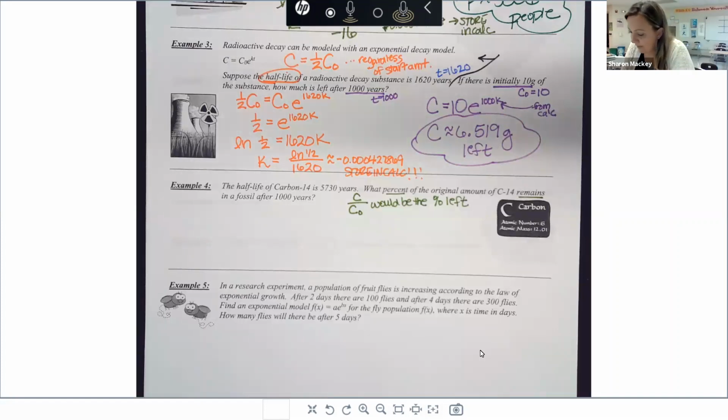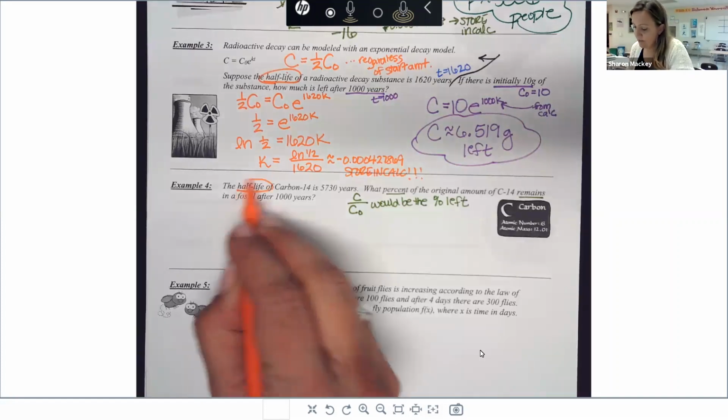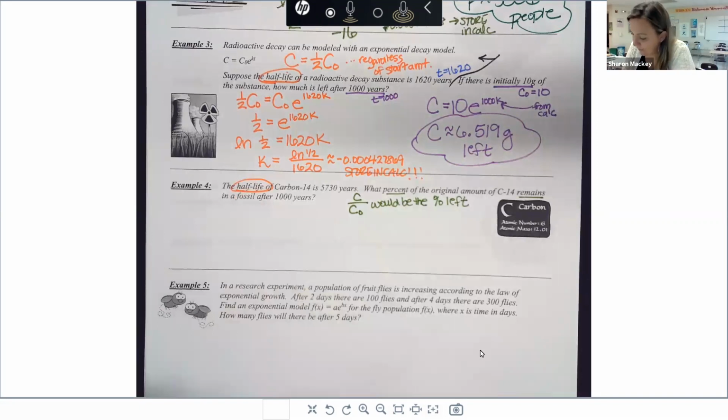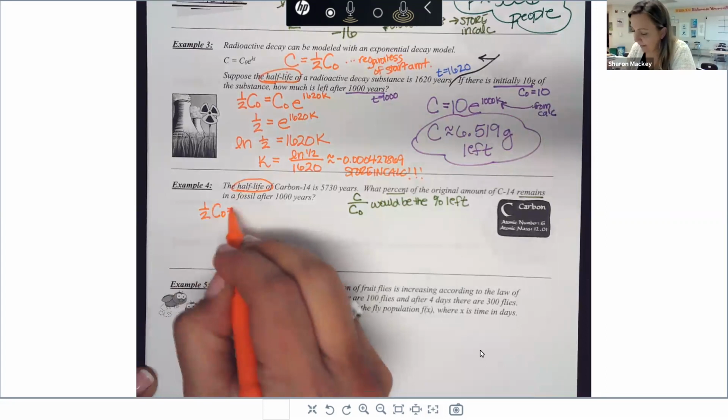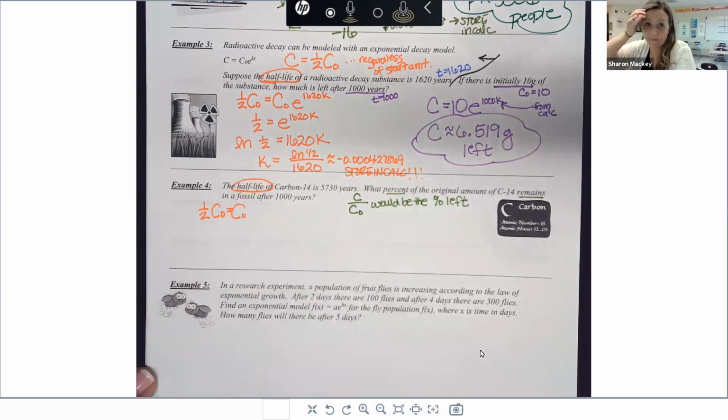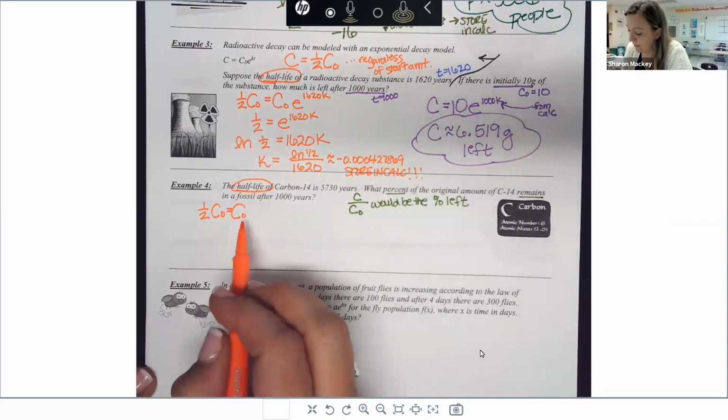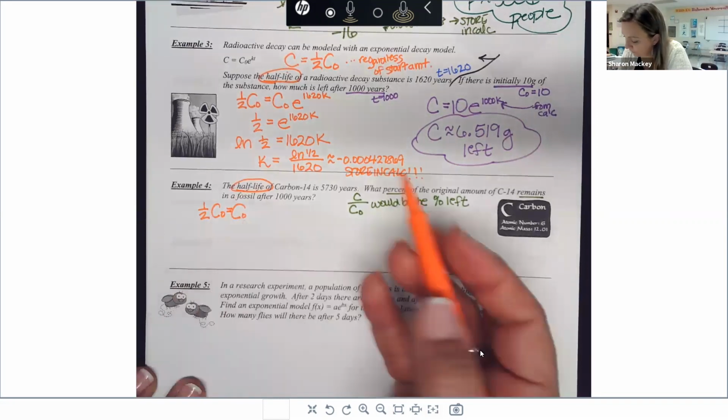Again, here we have the half-life of carbon. If we're looking at the half-life, that means we're taking half of whatever's left. We don't know whatever's left, but we can use what we started with, C sub 0.